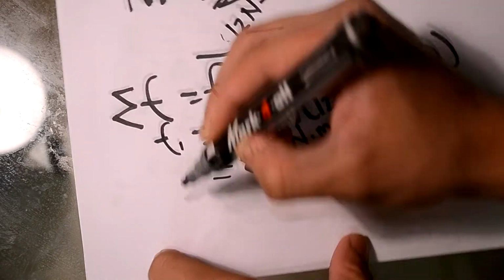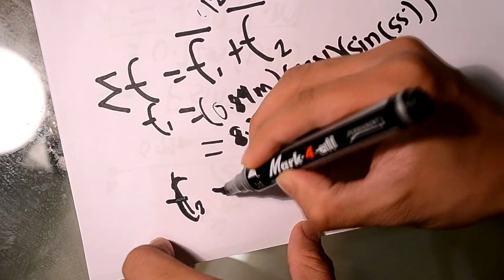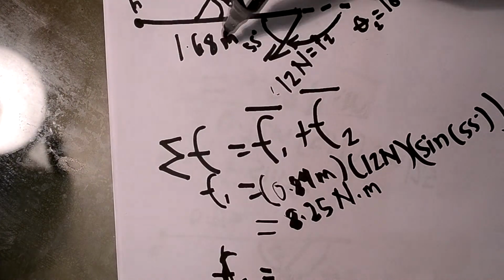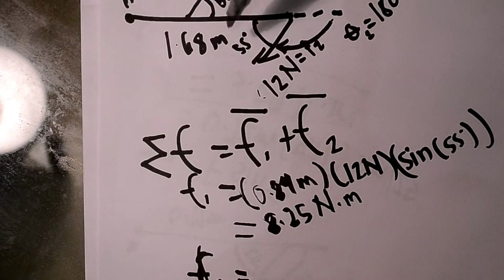For torque 2, the R is 1.68 meter because from the hinge to the tip of the door is 1.68 meters.